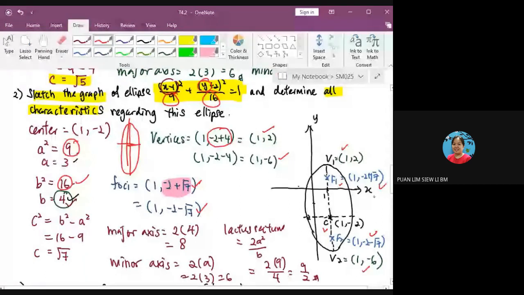X-axis label, Y-axis label dengan origin. Okay, dengan origin. Dah.